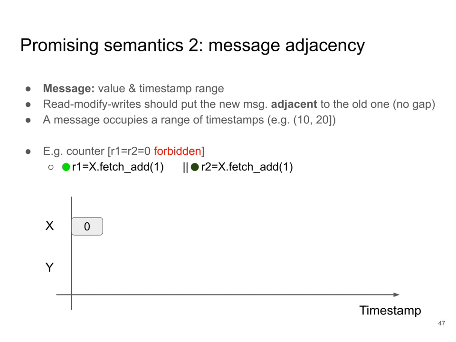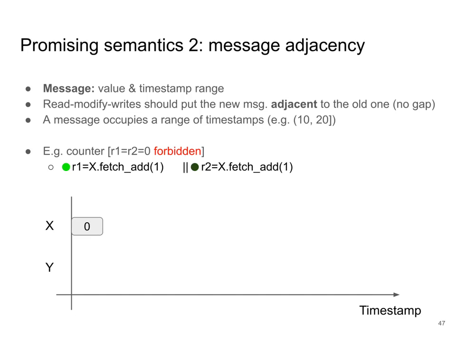But there is another example that is a counterexample, which is that the left thread and the right thread are performing a read-modify-write, for example, fetch and add. So it should be the case that they read different values.